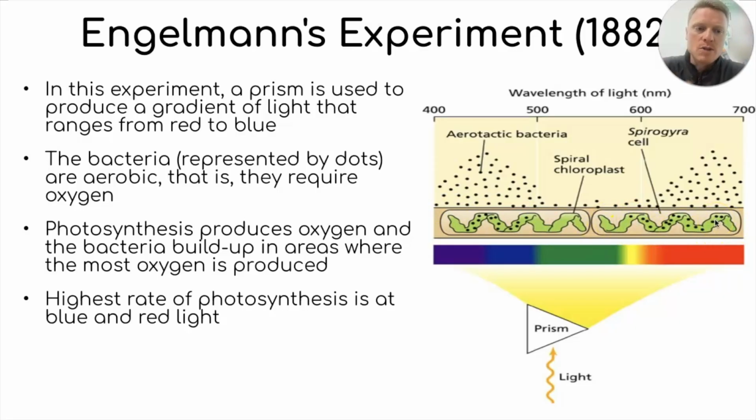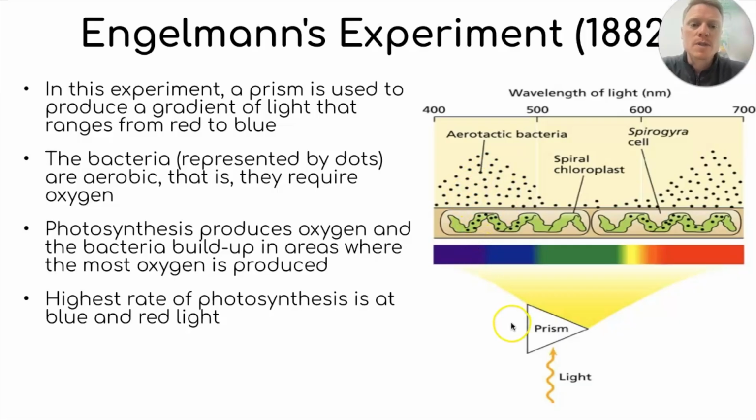And the algae was doing photosynthesis. And of course, one of the products of photosynthesis is oxygen. And so that oxygen would then diffuse, it would move out of the tube into sort of like a jelly over here that contained some bacteria that required oxygen. And so the bacteria were able to grow wherever oxygen was being produced the most.